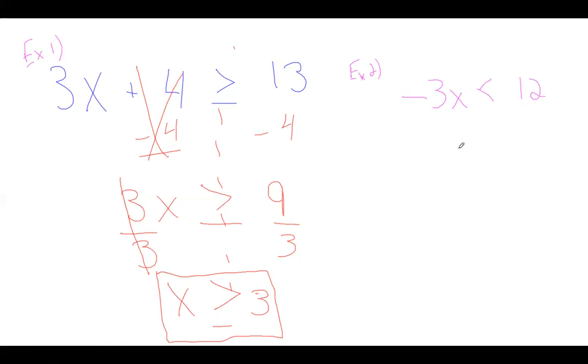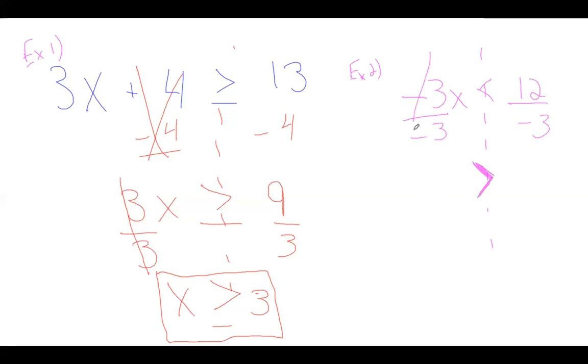If we multiply or divide by a negative, we have to flip this sign. So in order to solve this problem, I have to divide by a negative 3, right? Both sides are going to be divided by a negative 3. So this sign that was less than becomes greater than. It flips when we divide by or multiply by a negative.